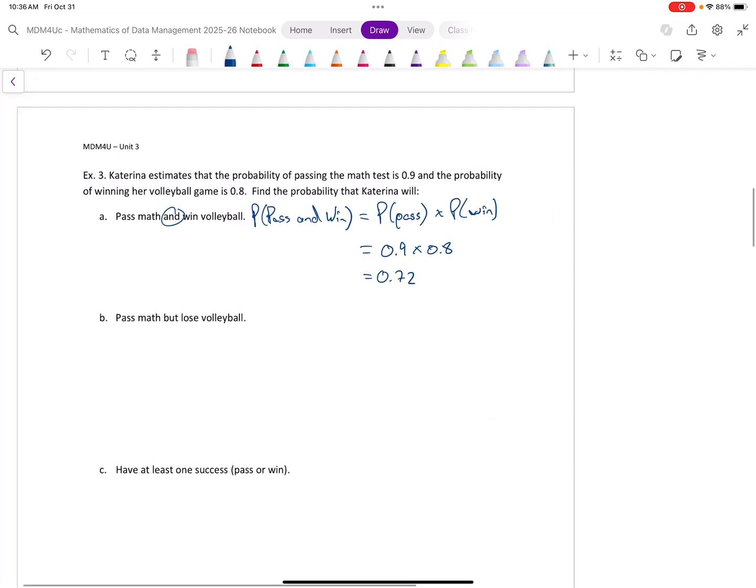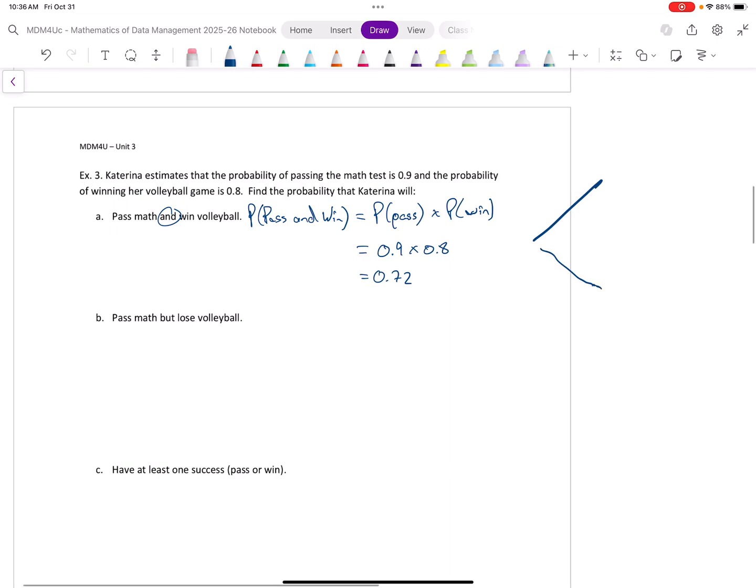You can set this up in a tree diagram, and I'm just going to show this to the side because sometimes it is helpful. The first event in this case would be whether or not she passes her math test or fails it. So there's event 1. In this situation, you've got 0.9 for pass, which only leaves 0.1, or 10%, for failing.